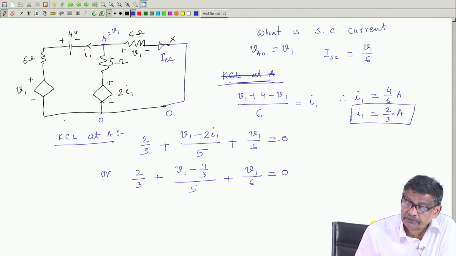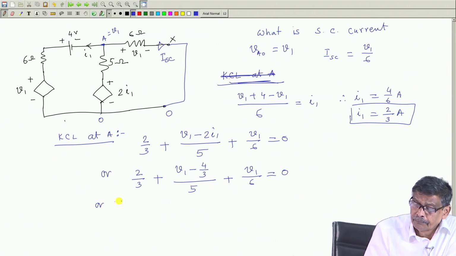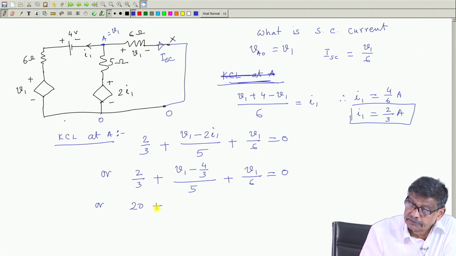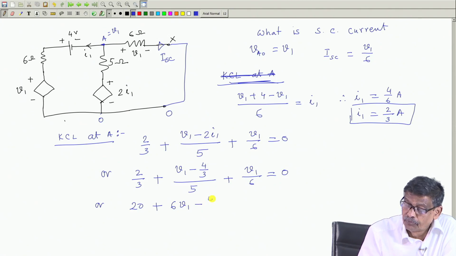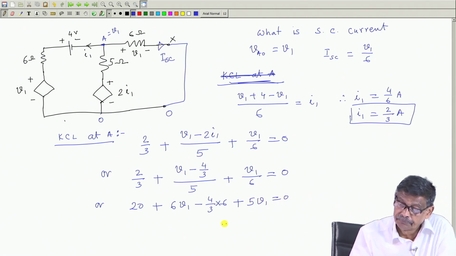So, we are almost at the end of the problem. What best you can do to solve this circuit? Multiply with 30. So, if you multiply with 30, it will be 20, and plus this will be 6. So, 6V1 minus 4 by 3 into 6, these two terms, and plus V1 plus 5, and that is equal to 0.